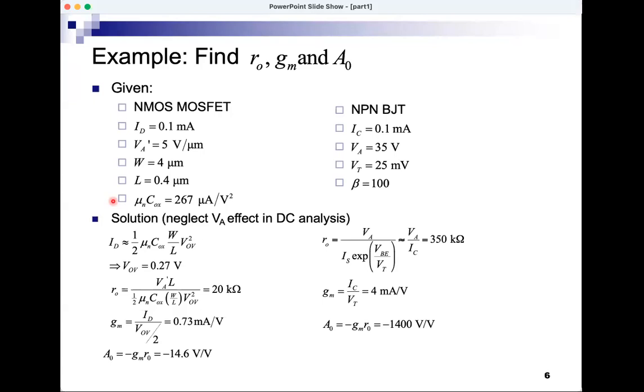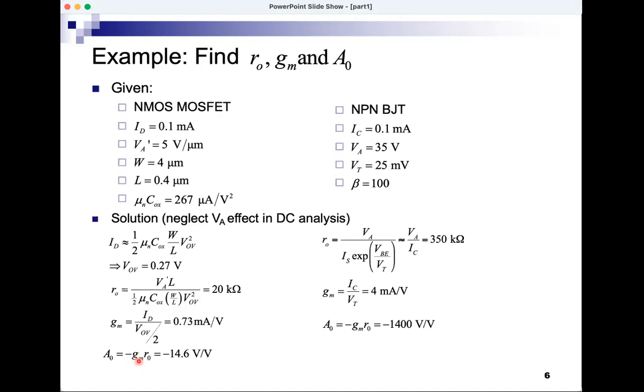So we see here something interesting. The BJT has much higher intrinsic gain than the MOSFET, almost 2 orders of magnitude higher. To understand the reason why, we have two components in the A0 equation.